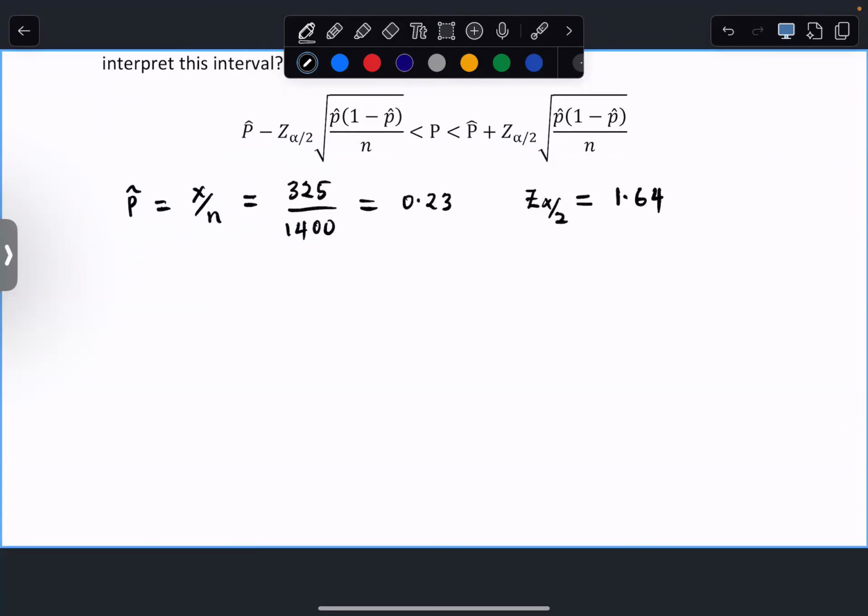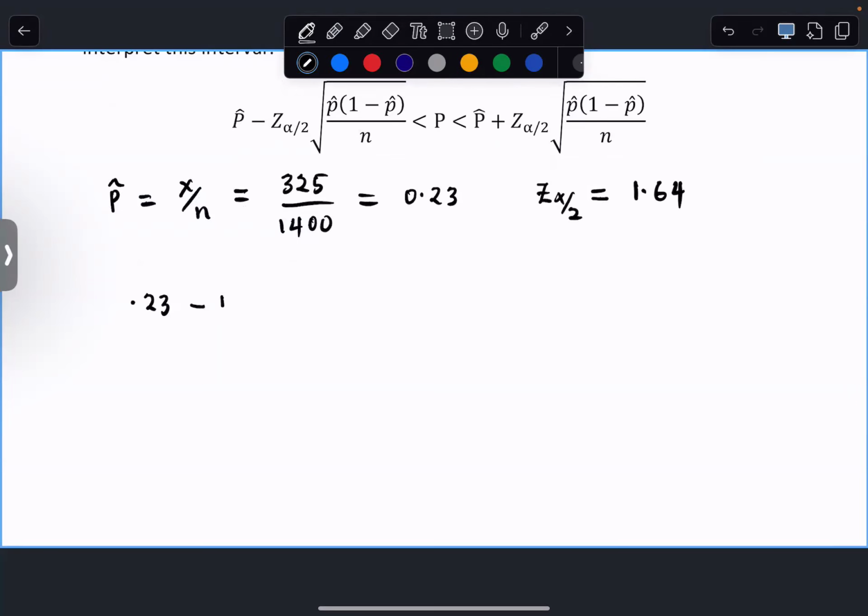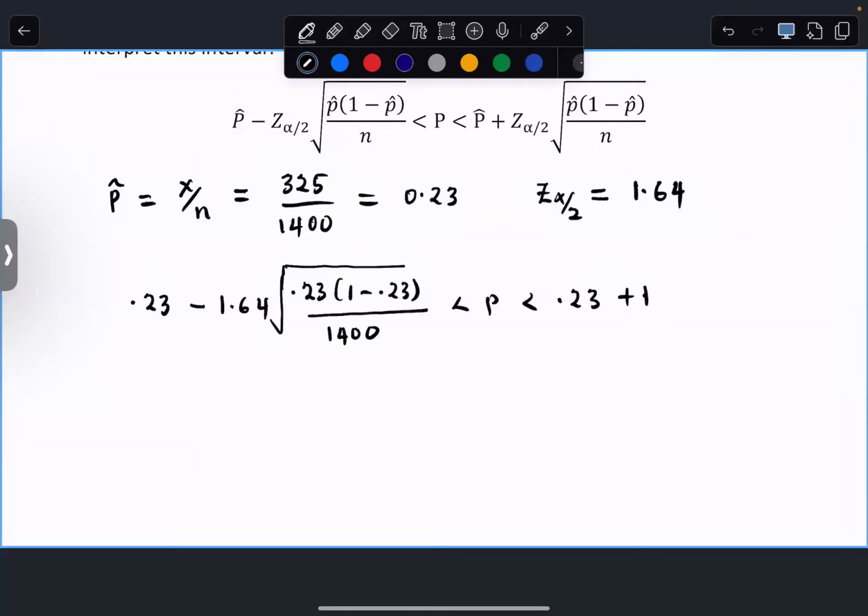So I have everything I need. I just put them into the formula. So I have 0.23 minus 1.64 times the square root of 0.23 times 1 minus 0.23, divided by n, which is 1,400, less than p less than 0.23 plus 1.64 times the square root of 0.23 times 1 minus 0.23 divided by 1,400.